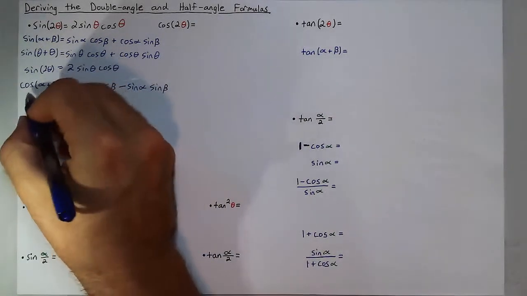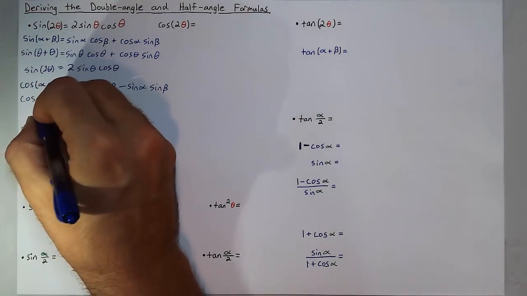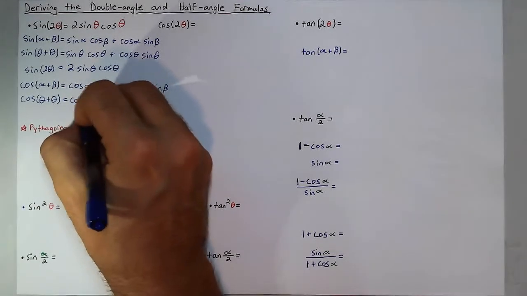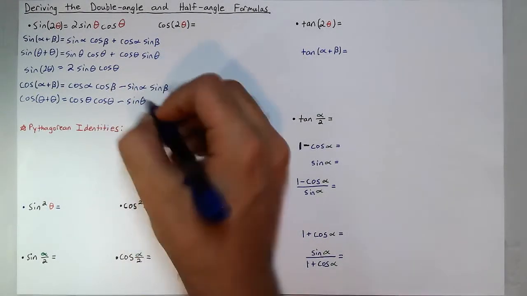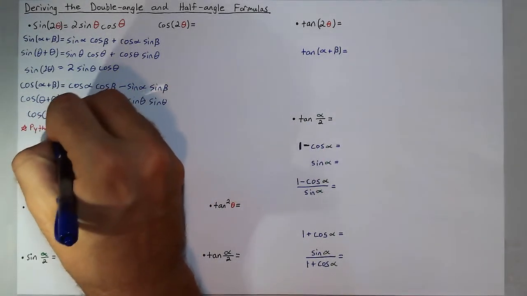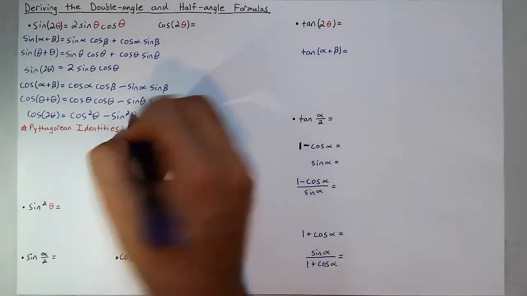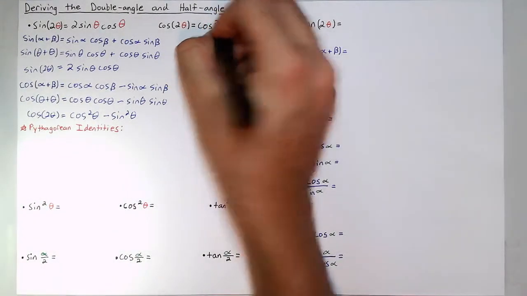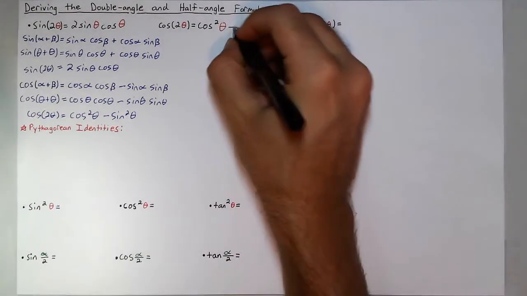Now, if we replace alpha and beta both with theta, so we get theta plus theta, our formula becomes cosine of theta plus theta is equal to cosine of theta times cosine of theta minus sine of theta times sine of theta, which simplifies to cosine squared of theta minus sine squared of theta. So cosine of 2 theta is equal to cosine squared of theta minus sine squared of theta.